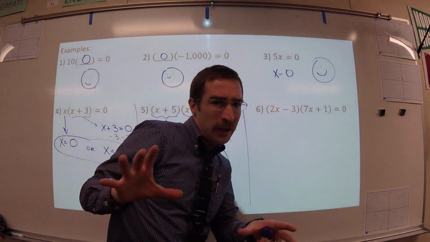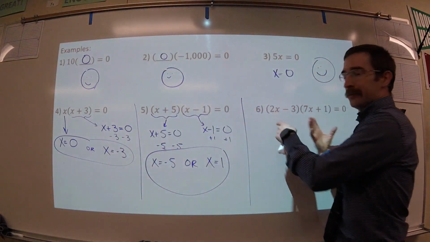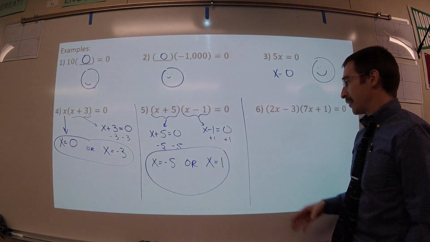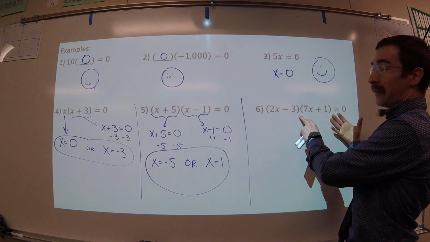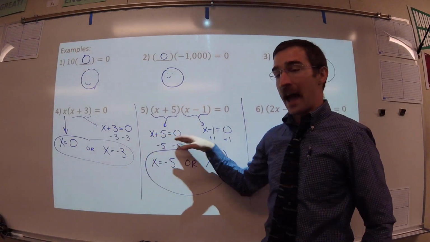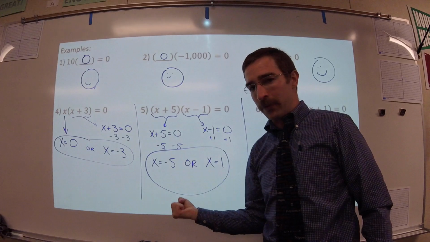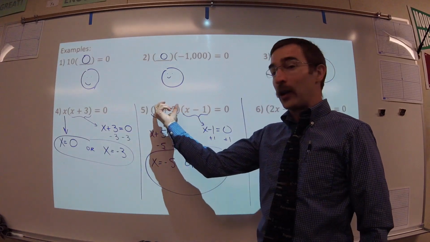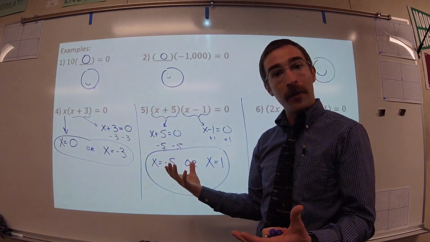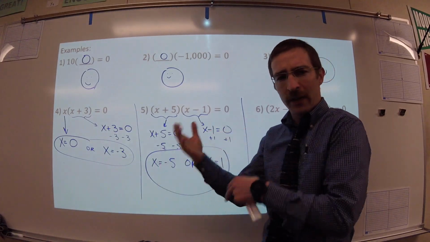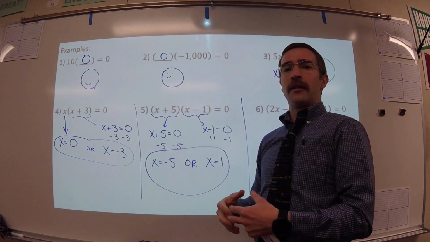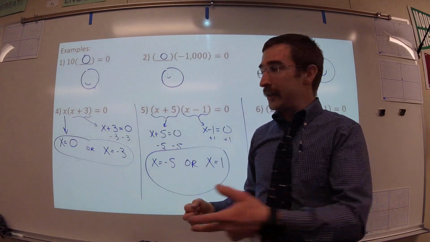Well, don't get too comfortable with this, because sometimes there are like actual linear combinations, like a 2x minus 3 times a 7x plus 1. It's good to get in the habit of just writing out that simple equation. Sometimes you'll have a quadratic here, or a more complicated problem. Then you'll have to actually do some work for. So remember, it's not just like, oh, it's the opposite. Well, it is in these cases.